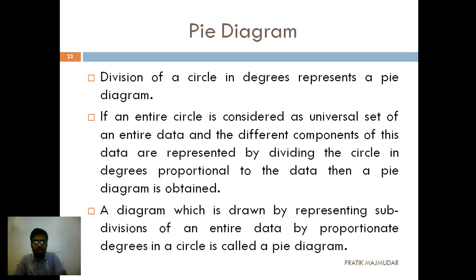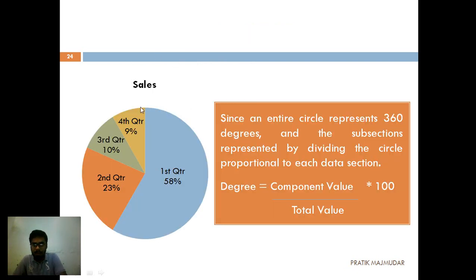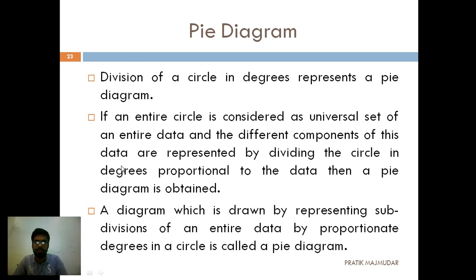The division of a circle in degrees represents a pie diagram. What does it mean? When the whole data is given and it is divided into different subparts in 360 degrees centered, then it is considered a pie diagram.